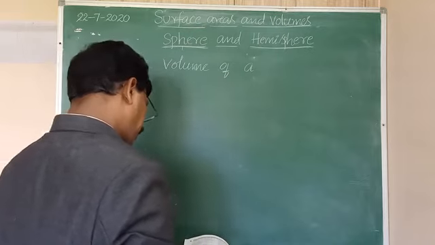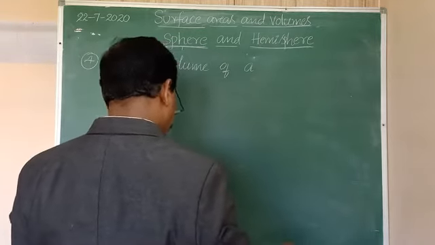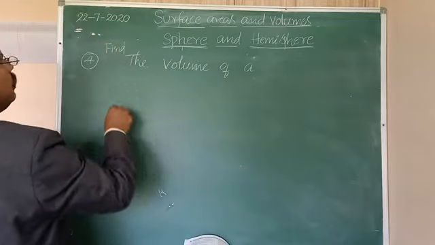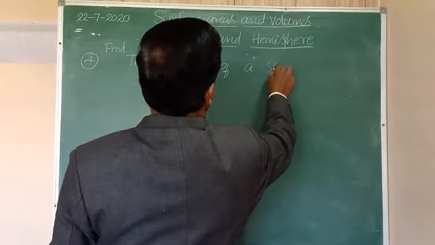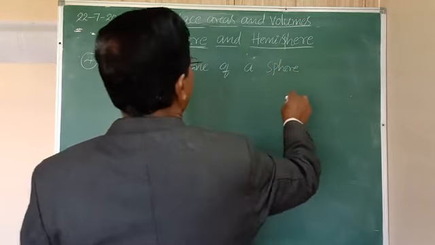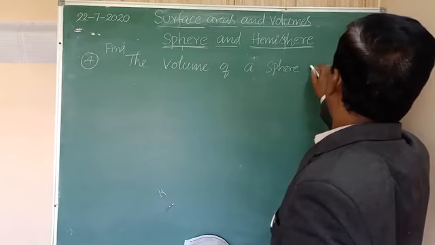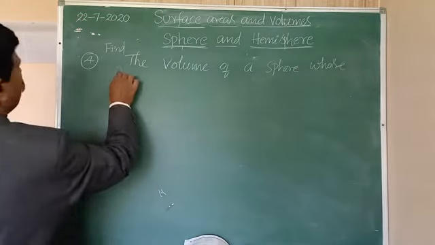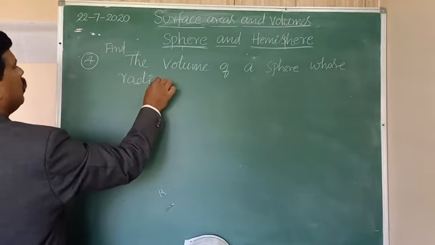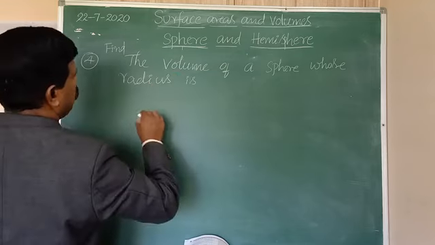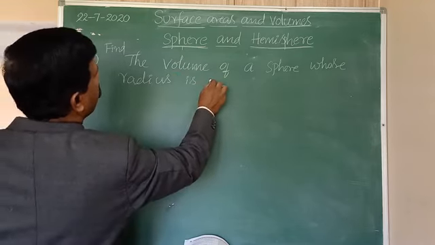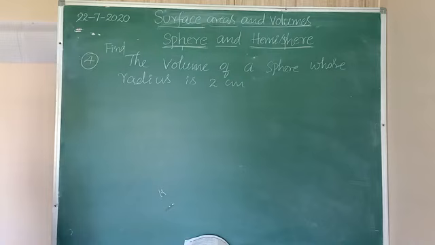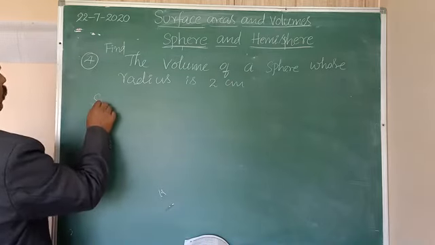Find the volume of a sphere whose radius is 2 centimeter. Now solution.